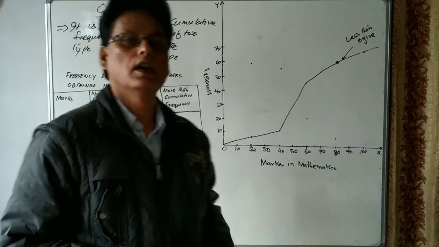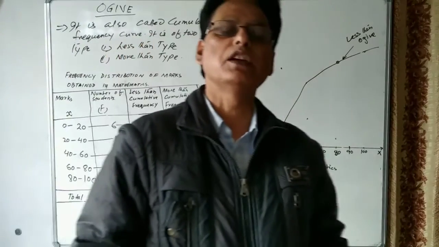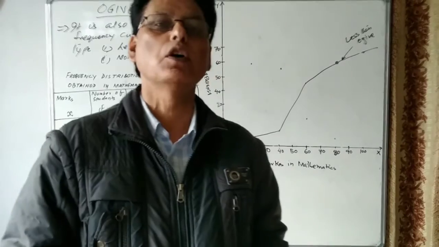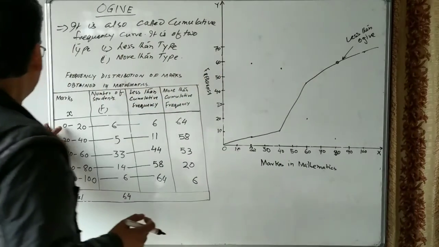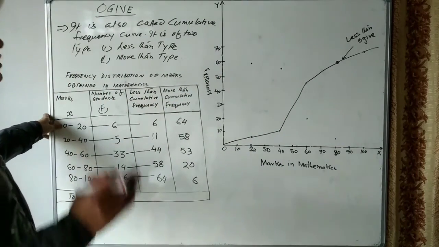Why do we draw the more than cumulative frequency on a graph paper? We'll take the lower class limits and cumulative frequency.